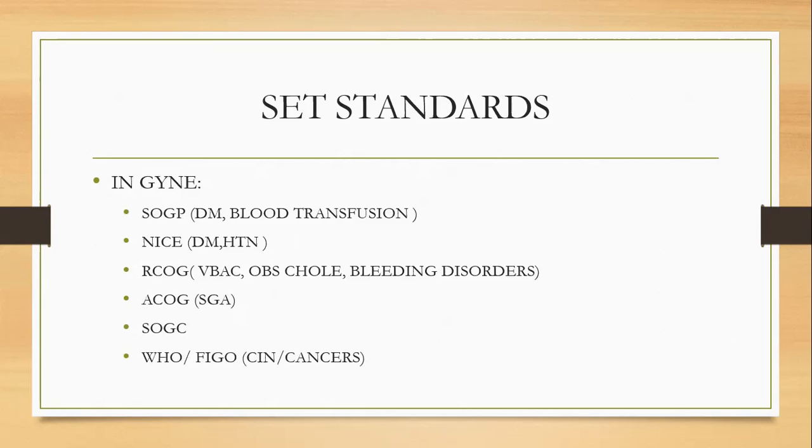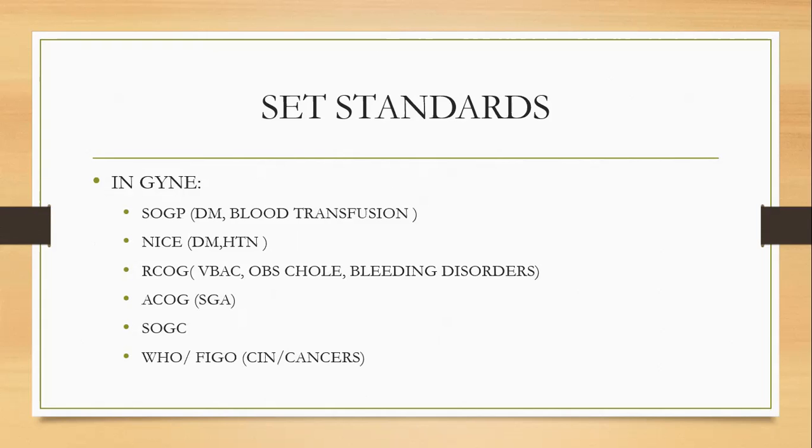Second step is to set the standards. You should know that different guidelines are for different topics. Please do not confuse the NICE with the RCOG. It will lead to reduction of your marks. SOGC guidelines are for diabetes and blood transfusion. Diabetes and hypertension in pregnancy are covered by the NICE guidelines.